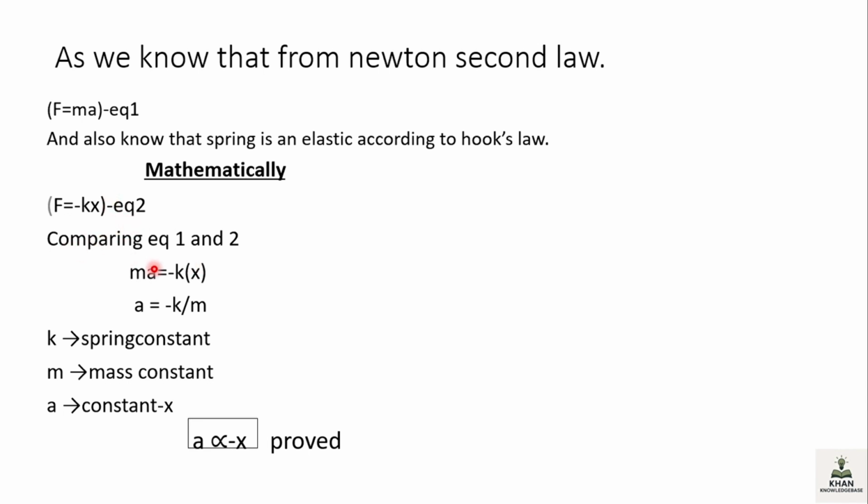Comparing both equations, we get ma equals negative kx, where a equals negative k over m times x, where k is the spring constant, m is the mass, and a is the acceleration. For this, mathematically we got this expression, which means acceleration is directly proportional to negative displacement. We can prove this.